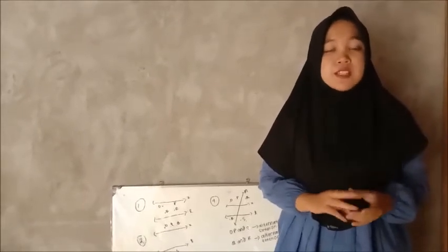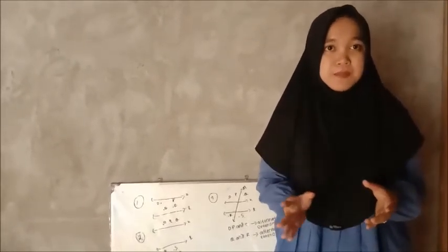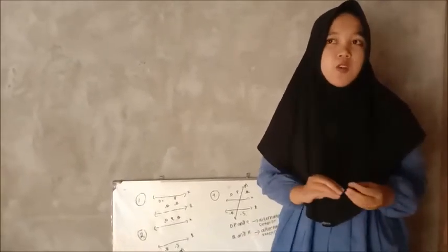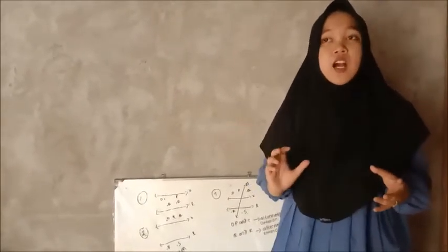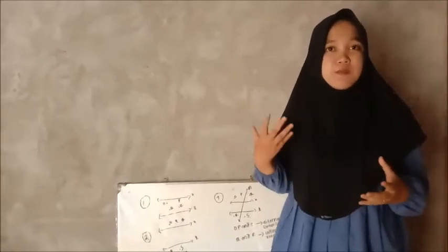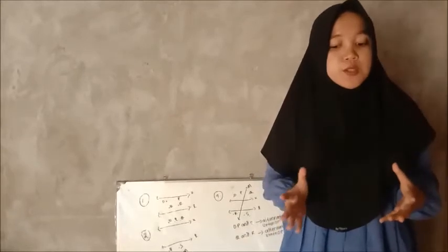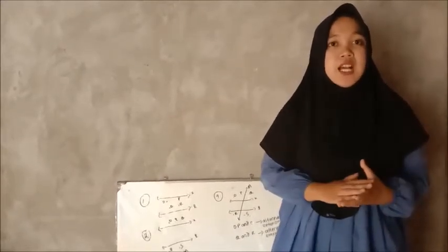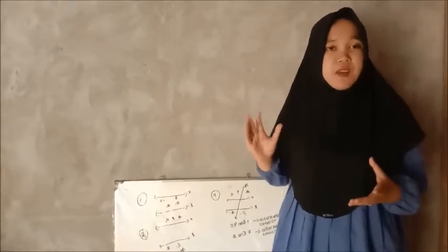But before you solve this problem, I will give you some information on how to draw a parallel line and how to measure an angle. So I will give you the information before you solve the third problem. Okay, now this is GeoGebra.